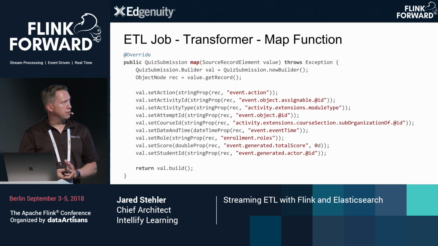The mappers usually look something like this, where we start with the Avro compiled class, and we pull in all the record values that we need. And at this point, we've got all the values that we're looking for from the previous joins.